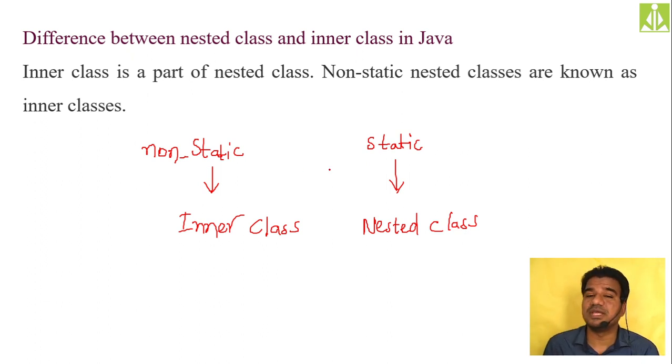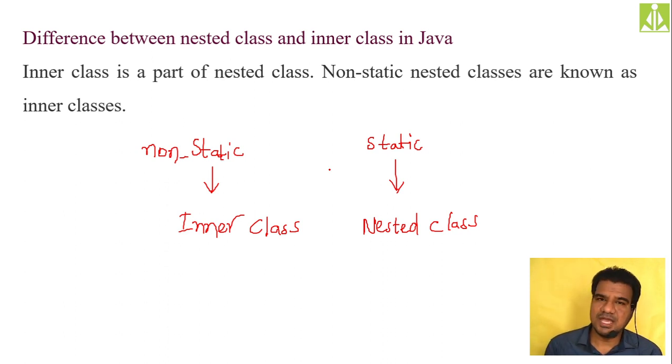When do we call the inner class an inner class, and when do we call it a nested class? If the inner class is non-static, we call it an inner class. If the inner class is static, we call it a nested class. So your nested class is also an inner class, but it is a static inner class, so we simply call it a nested class.